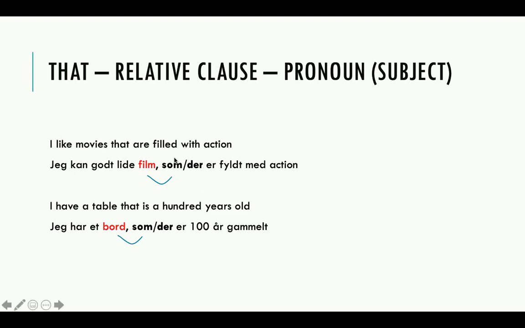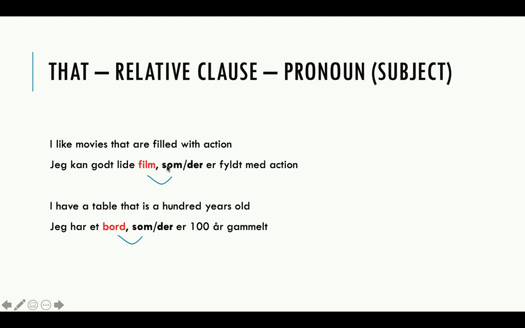So again, the same thing is happening. This is referring back to the film. But this time, this word is the subject in the new subordinate clause, the relative clause. So what is filled with action? The movie, but the movie is here the subject. Som er fyldt med action, or der er fyldt med action.